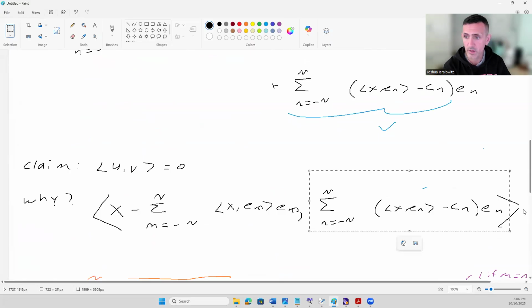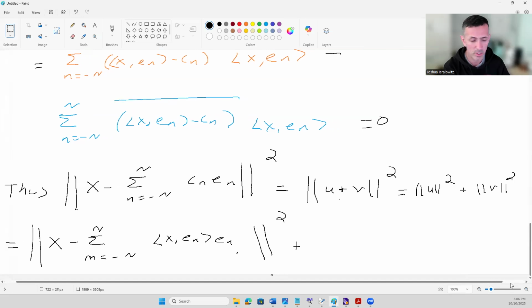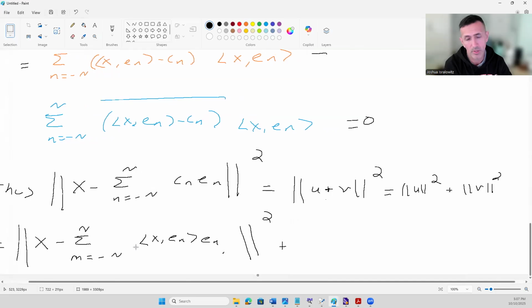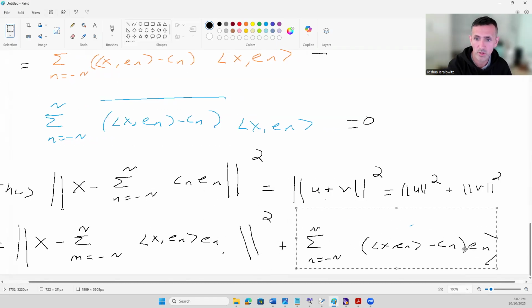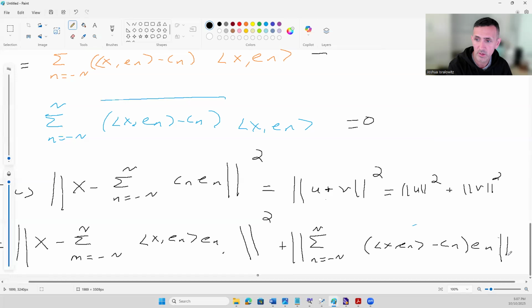So the idea is that no matter how you pick the C's, and this is the whole punchline, you can never get rid of this, period. I don't care what the C's are, you always have this by Pythagoras. The best you can do is minimize the second part, which is obviously minimized by setting C_n, well, sorry.